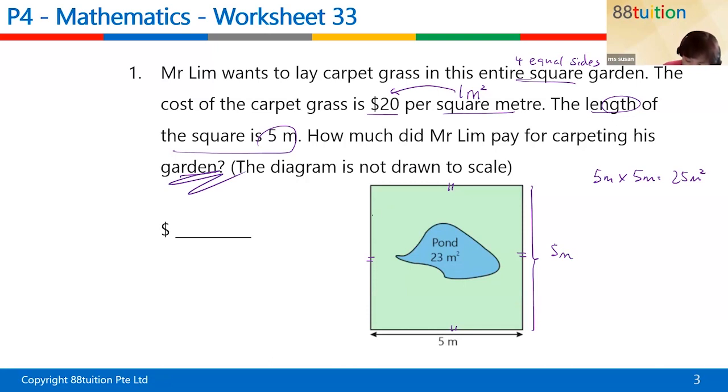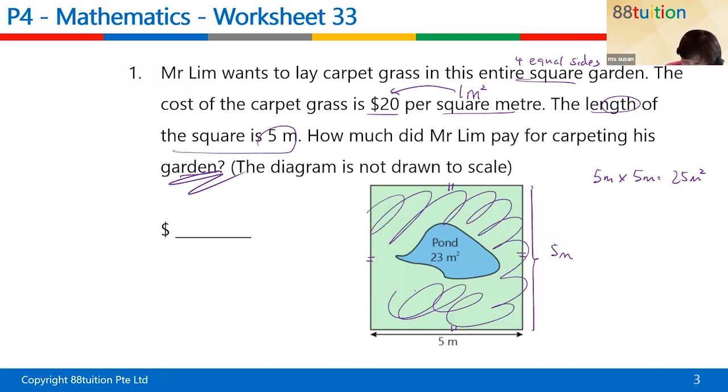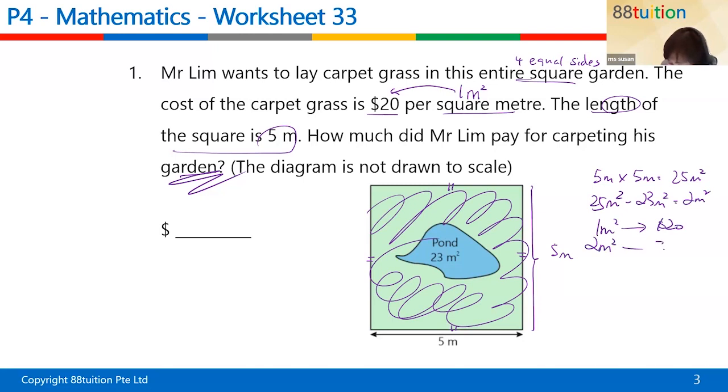Garden is where? The garden is outside here without the pond. So without the pond, meaning you must minus away the pond. So 25 meters square minus the pond, which is 3 meters square, and you're left with 22 meters square only. So 1 meter square costs $20, so 2 meters square must cost you $40.